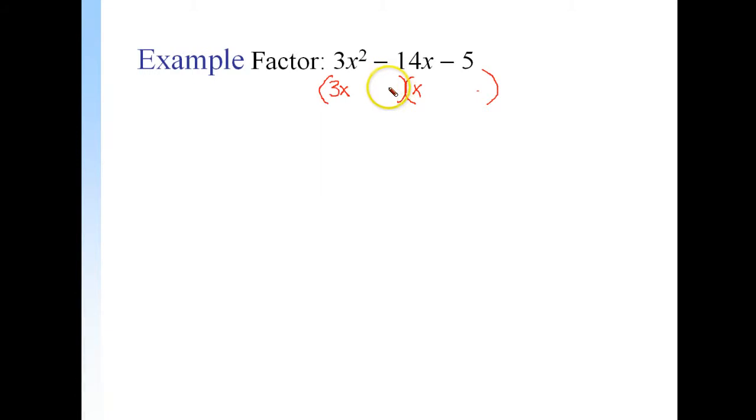And again, you're brainstorming and you're using art in the form of creative thinking. And as I put the 5 there, that's not going to end up as a 14. But if I put the 5 there, that's going to be a good spot for it, and a 1 there. Because now what I'm mentally thinking, as I do my outers, I get a 15x. As I do my inners, I get a 1x.